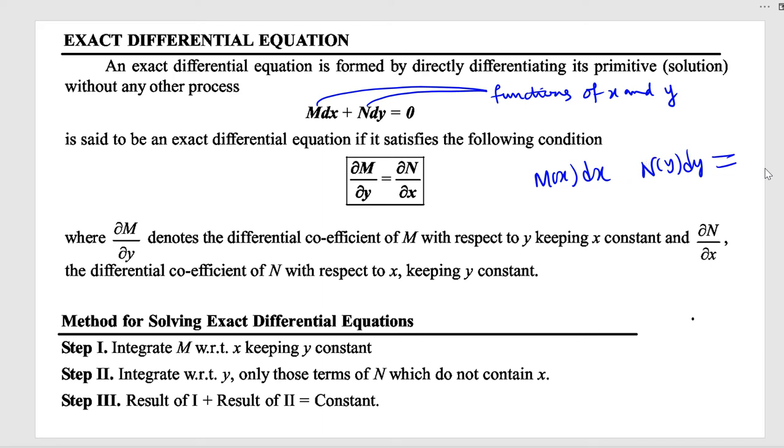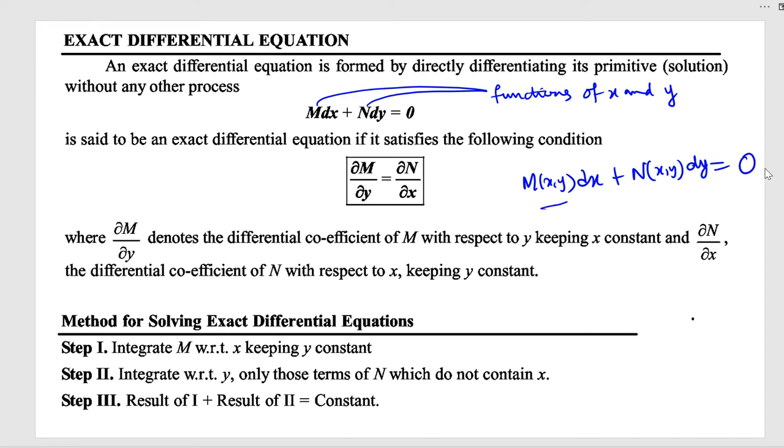Here the functions are already in terms of x and y. M dx plus N dy equals, for example, the right hand side, 0.